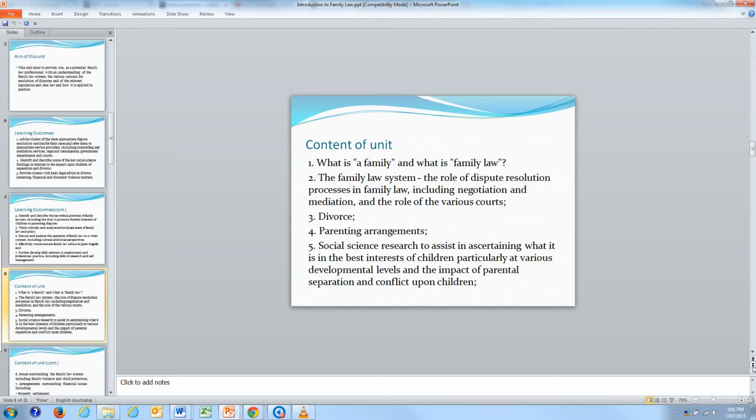We'll look at the family law system, the courts, the Family Court of Australia, the Federal Circuit Court of Australia, and other ways of resolving disputes. We will touch briefly on divorce. However, you'll see that most people these days do their own divorce, and there is quite a good range of help for them and kits that they can use to complete that themselves.